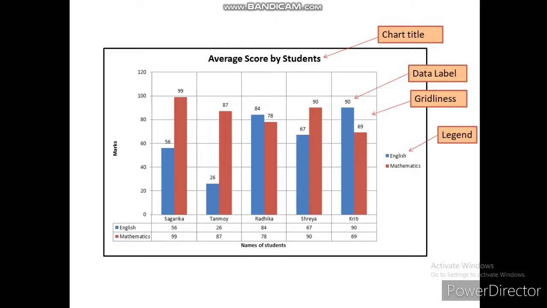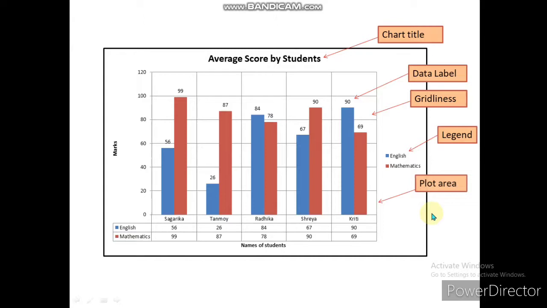You can see on the screen there are two subjects' marks, English and mathematics. English marks are represented by blue color and mathematics marks are represented by red color. So legend identifies the data. Legend differentiates between data.